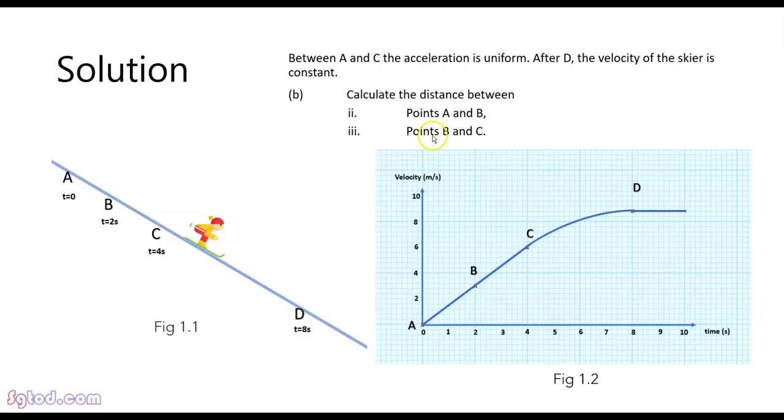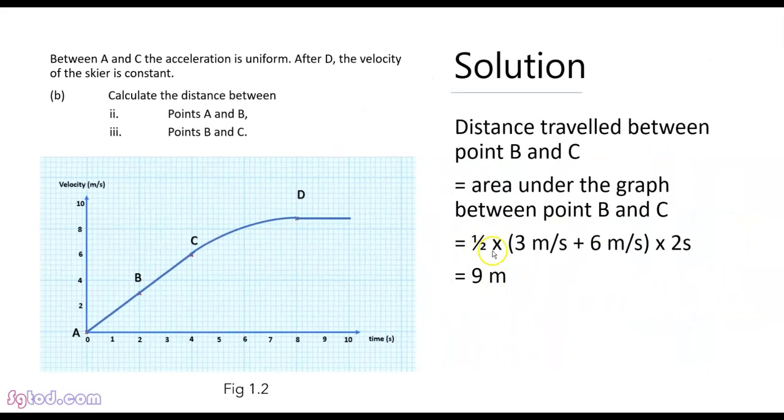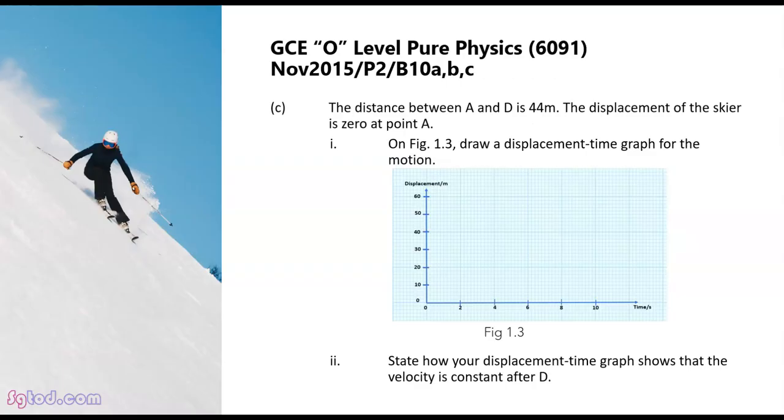Similarly, to find the distance between B and C, we need to calculate the area of this trapezium, and that equals half times 3 meters per second plus 6 meters per second times 2 seconds, which equals 9 meters.